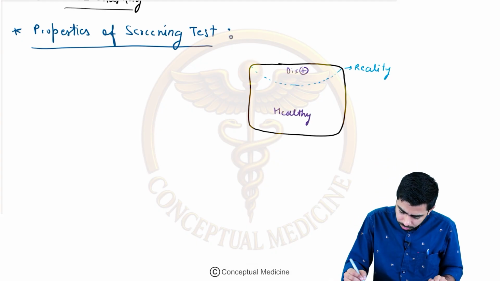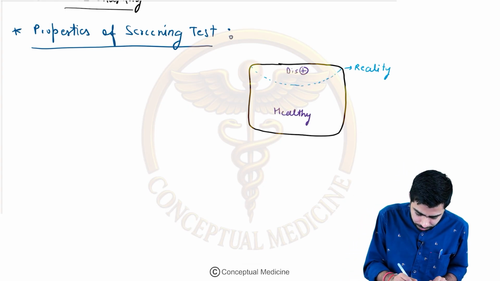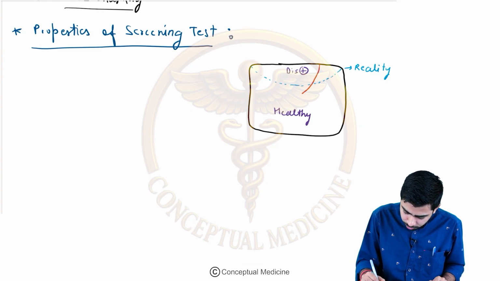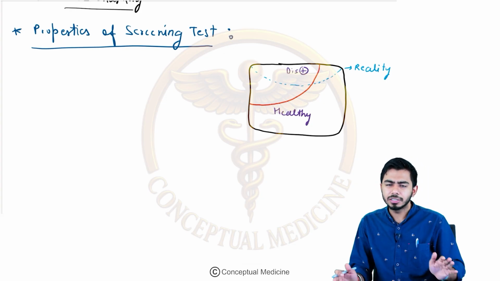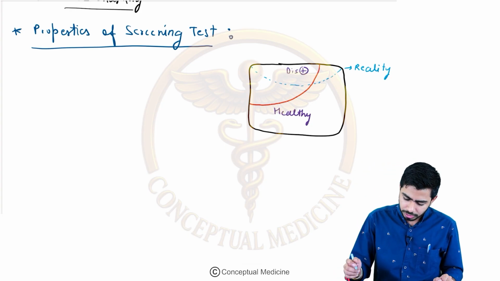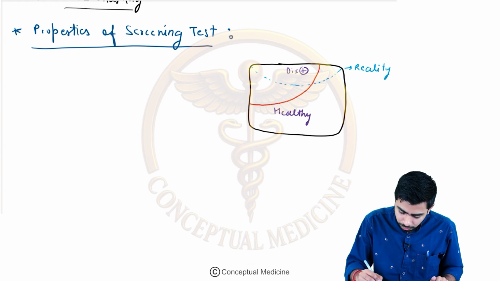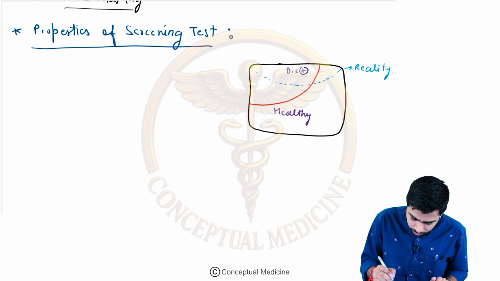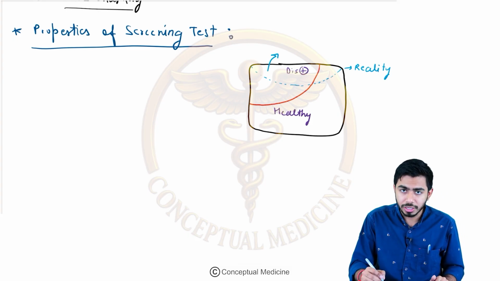So guys, over here, let's say that this is the test, and this test is showing this kind of result. It is deviating a bit from reality. The cases which are falling in this category, we will still be calling them positive.